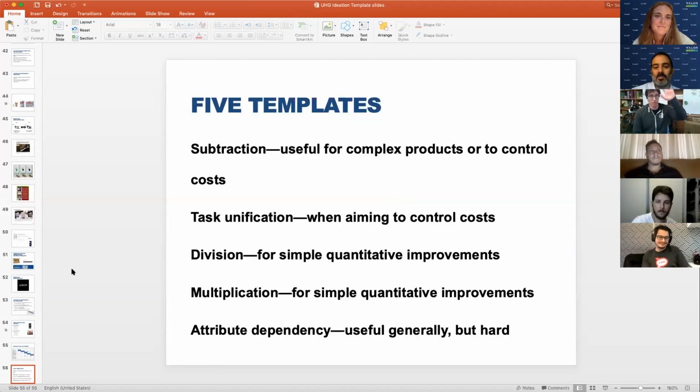Five templates. Subtraction, useful for complex products or to control costs. Task unification also allows you to reduce complexity and to create a cost advantage. Division and multiplication are typically for simpler quantitative improvements. And attribute dependency is useful generally, but it's more complex because you have to create that matrix.